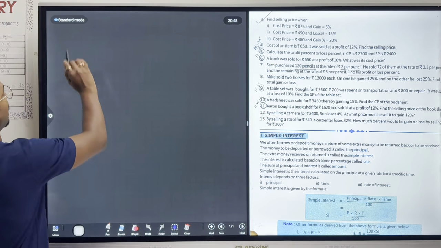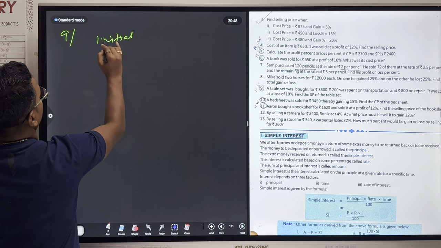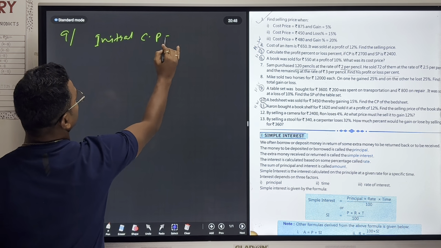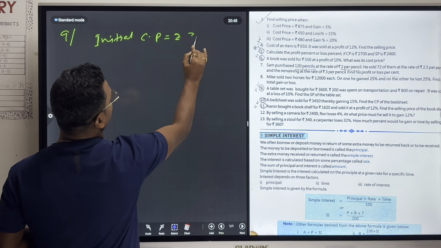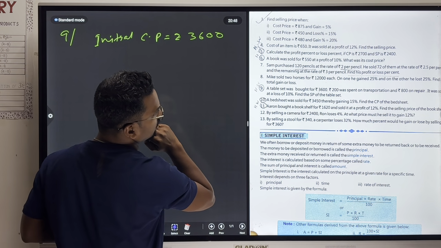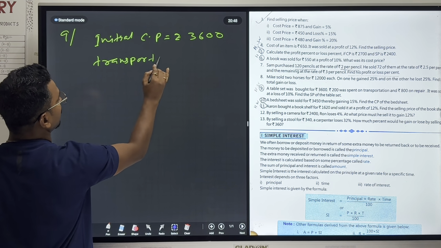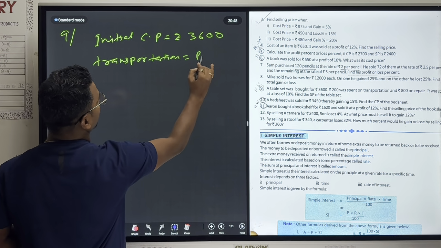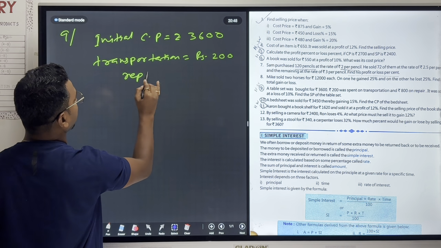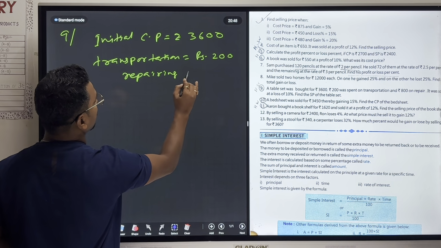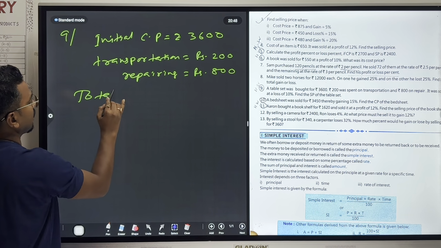Initial cost price: 3,600 rupees. Transportation: rupees 200. Repairing: rupees 800.